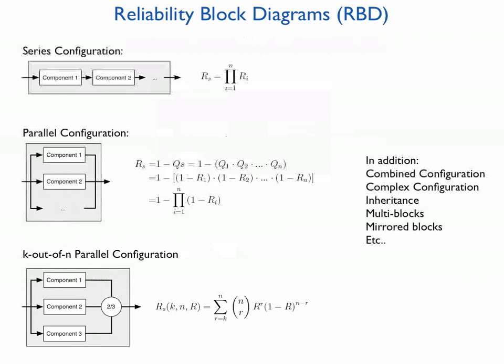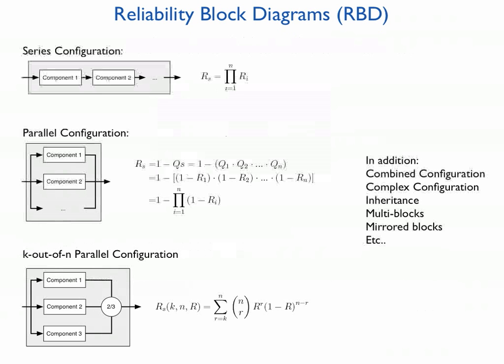The similar situation is for parallel configuration. However, in this case, the components are placed in a parallel way, and we can think about these components as spare components. In the case if one of these components fails, the system still can function using the other one.